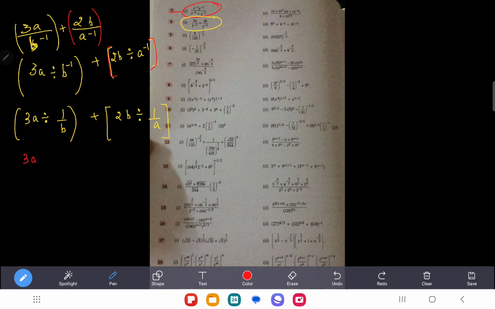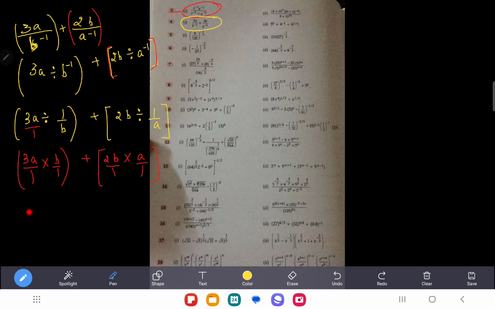So it becomes 3a, because 3a over 1 is my first fraction, into b over 1, plus 2b into a over 1, because I have to reciprocate my second fraction. Whenever there is a division, I always have to reciprocate the second fraction.